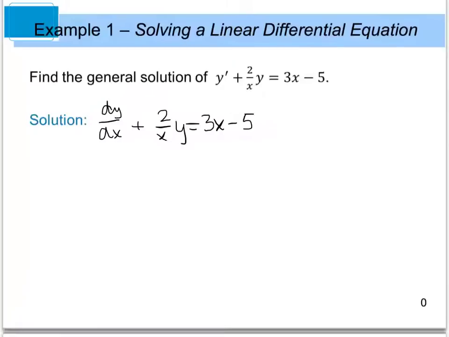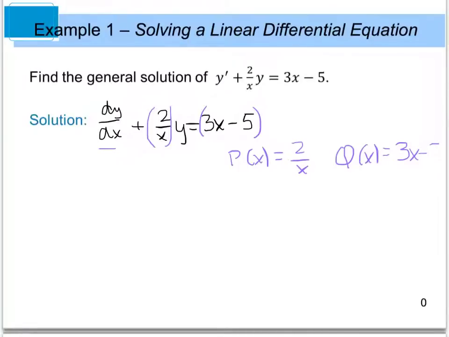Now in this case, we actually happen to be in standard form. I have my dy/dx, and then my p of x is the function that occurs before the y, and q of x then equals 3x minus 5. So we'll say p of x is equal to 2 divided by x, and q of x is equal to 3x minus 5.